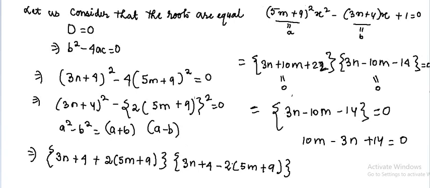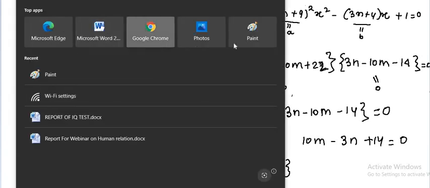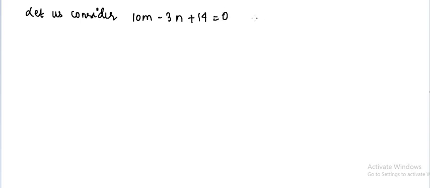Now let's prove the other way. Let us consider 10m minus 3n plus 14 is equal to 0. Now we have to prove that when this statement is true, our discriminant comes out true. Let's make some arrangement.